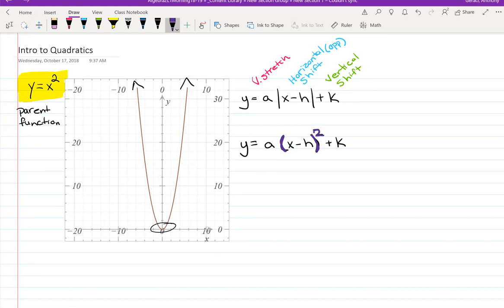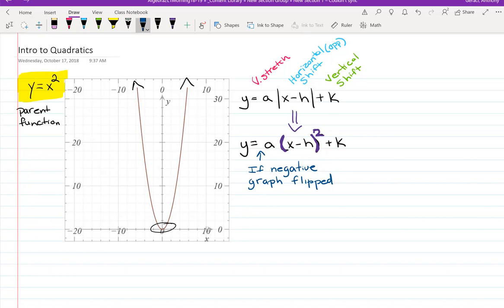So that is the only change from here to there. Everything else means the exact same thing. And of course, if there was a negative here, that means the graph would be flipped upside down.